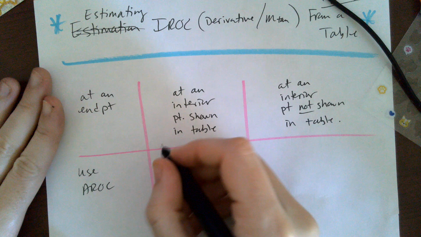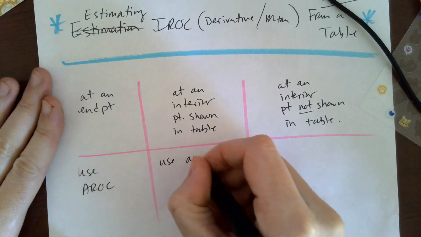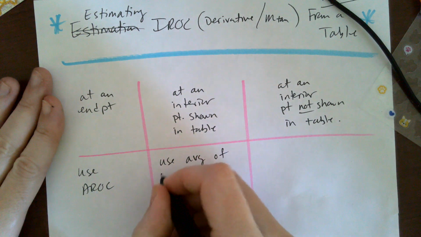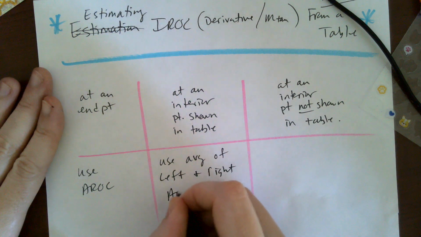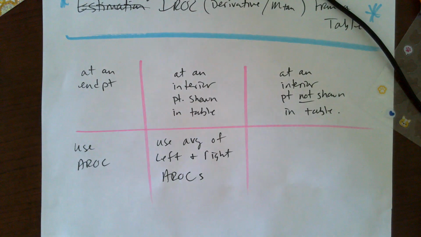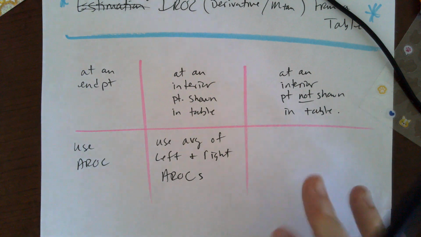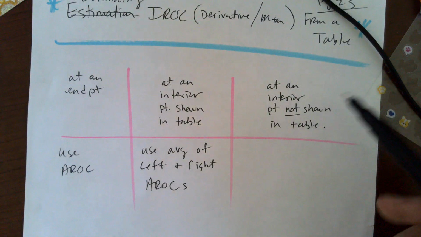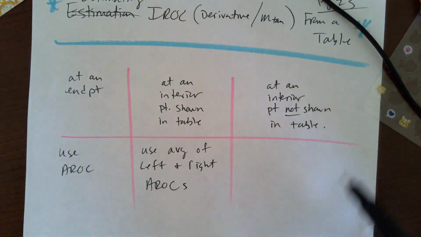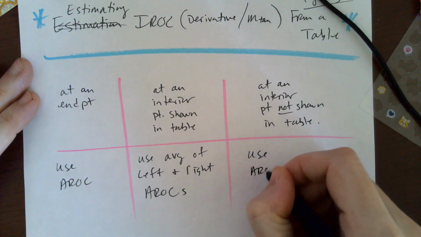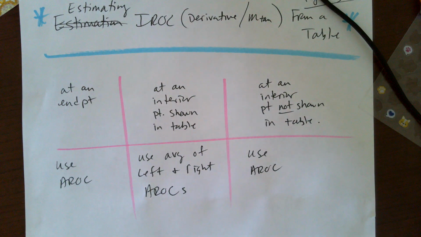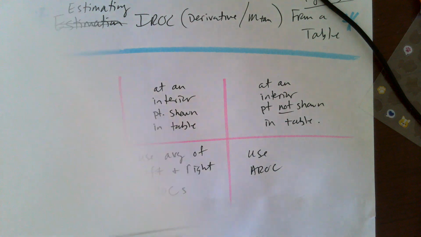So use the average of left and right AROCs. For this one, we'll have to find 2 AROCs and average them. At an interior point not shown in the table, you're going to use 1 AROC. All right, guys, so have that written down, and then we're going to move to examples.